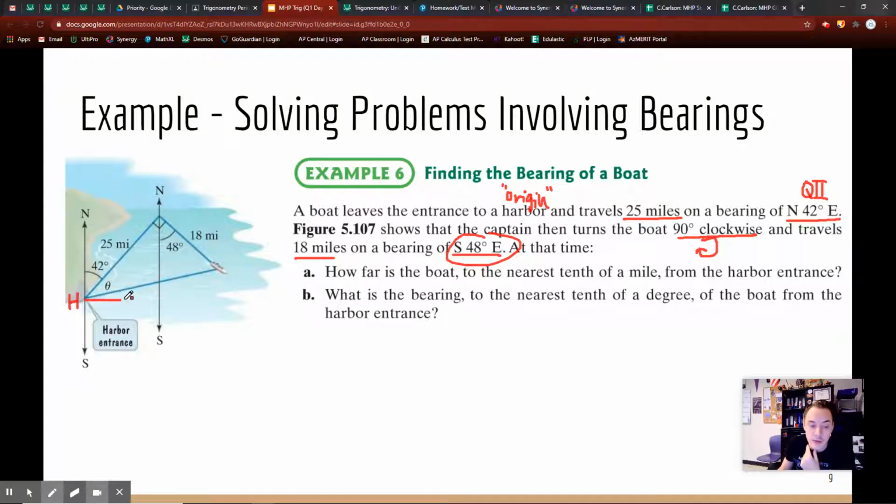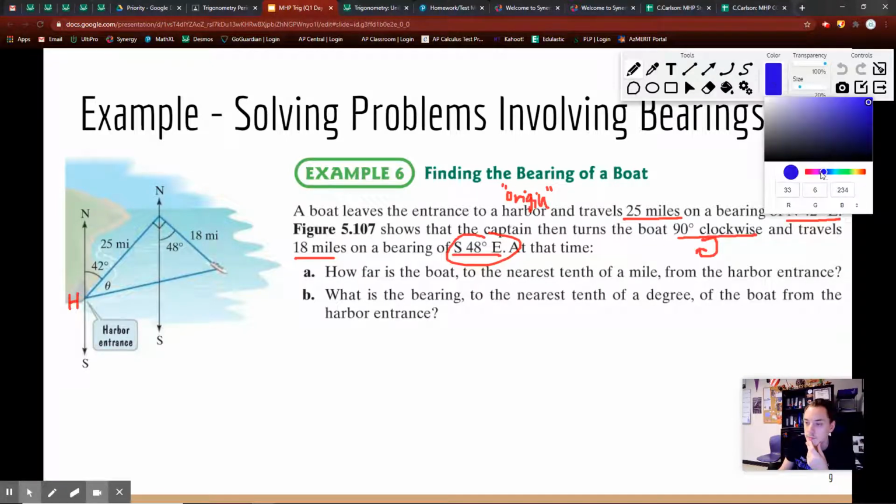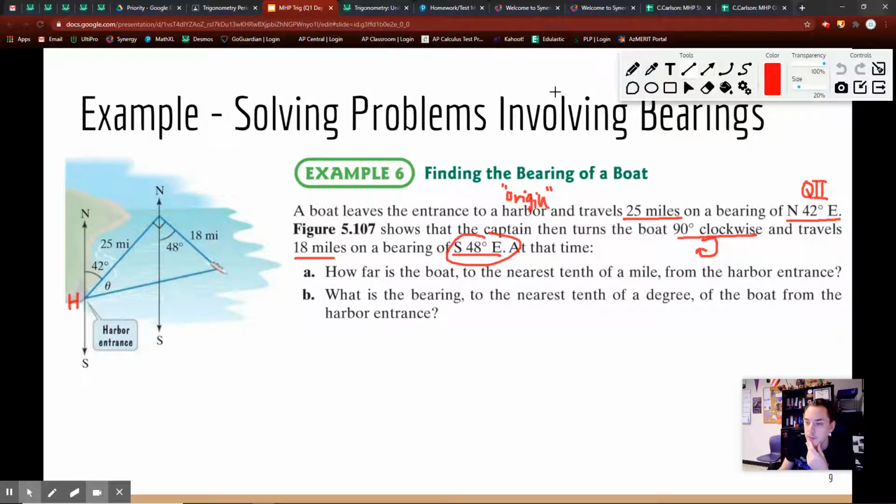And then I'm going to draw a straight line, in red. Okay. I'll keep that there the whole time.